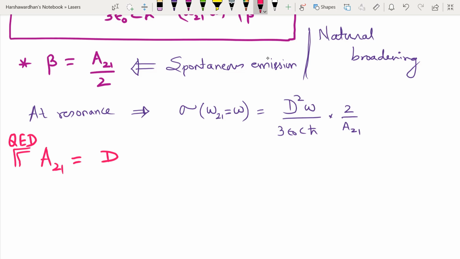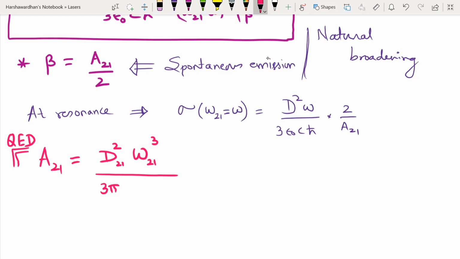dipole moment between the states 2 and 1 squared, right? Omega 21 cube divided by 3 pi epsilon naught h cross c cube.